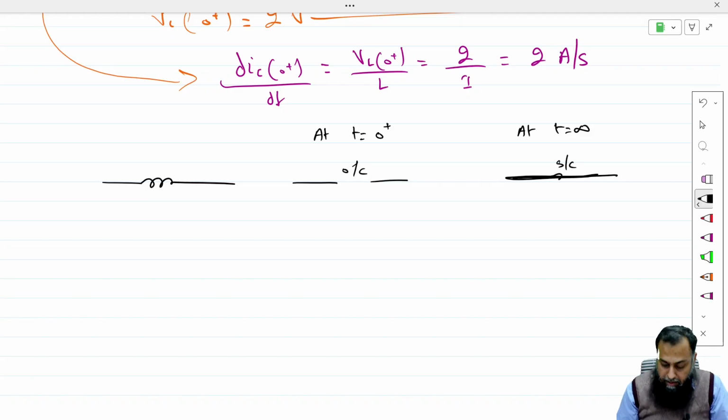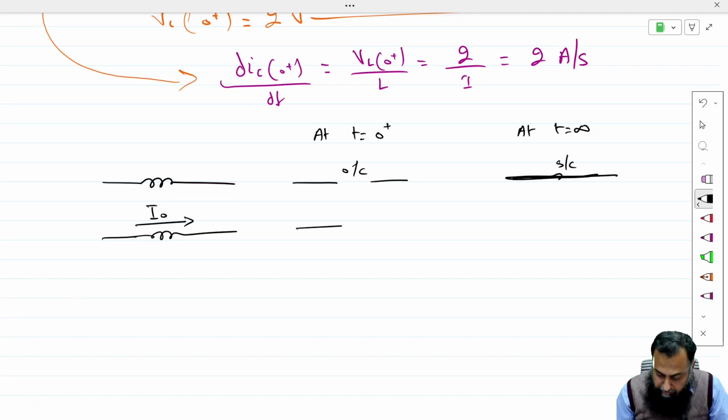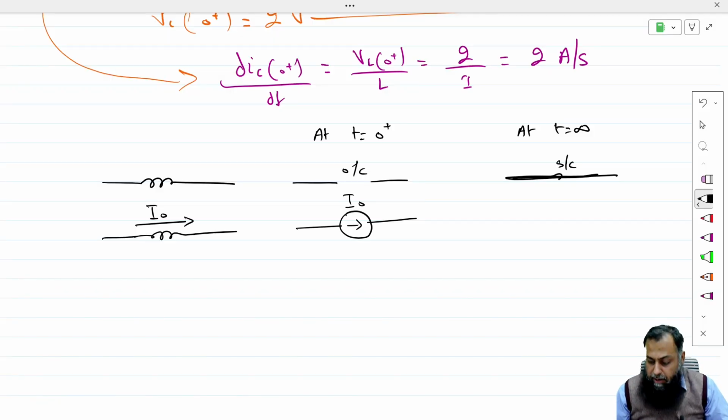If an inductor has an initial current flowing through it, then at 0 plus it will be replaced by a current source of value I naught, and at time t equal to infinity, this will be replaced by a current source as well as a short circuit, like this.